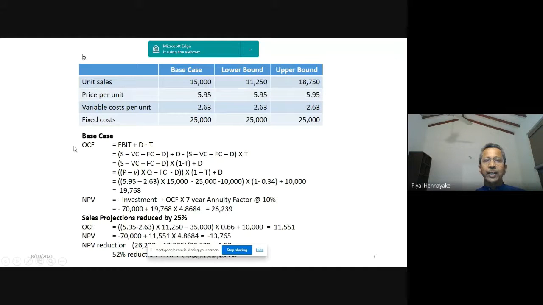So we calculate base case operating cash flow. I have used the formulas here. That is EBIT plus D minus tax. EBIT is sales minus variable cost minus fixed cost minus depreciation. Right? So it cancels off depreciation.